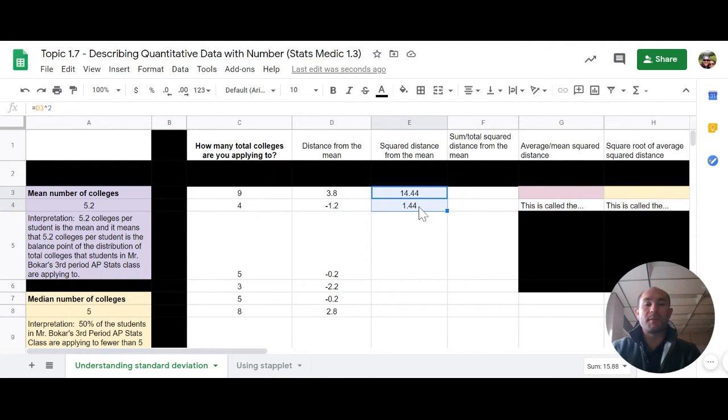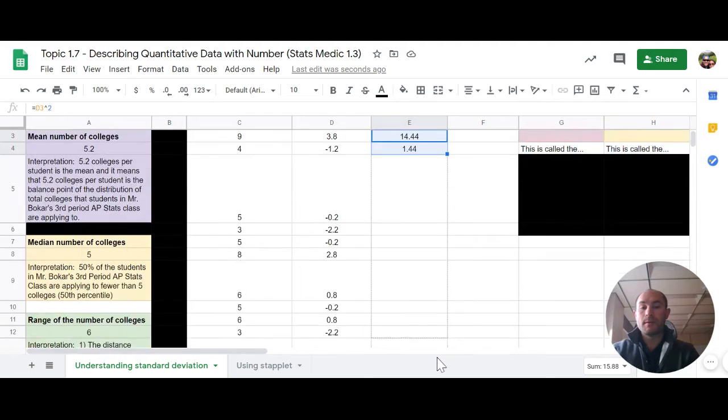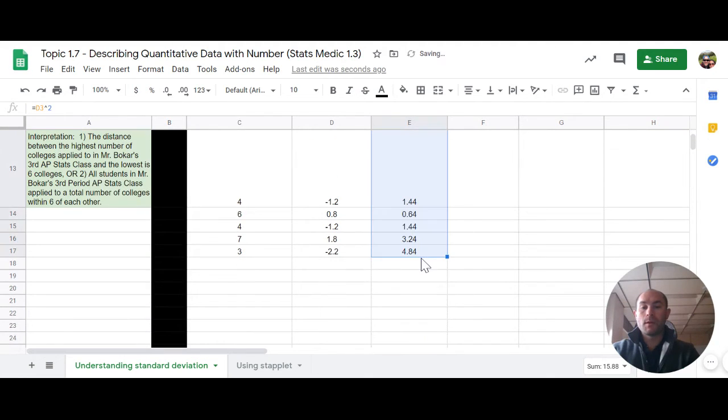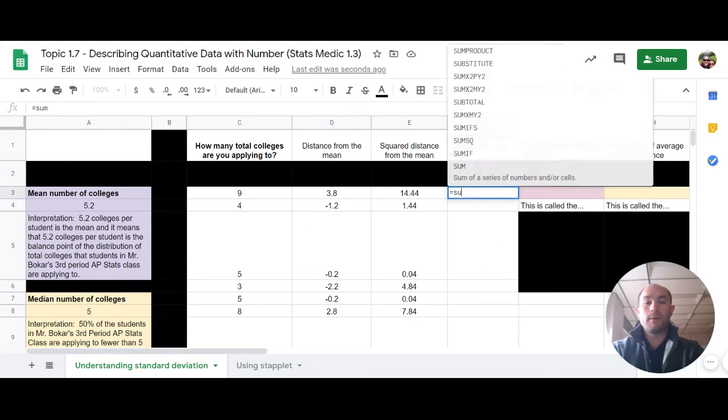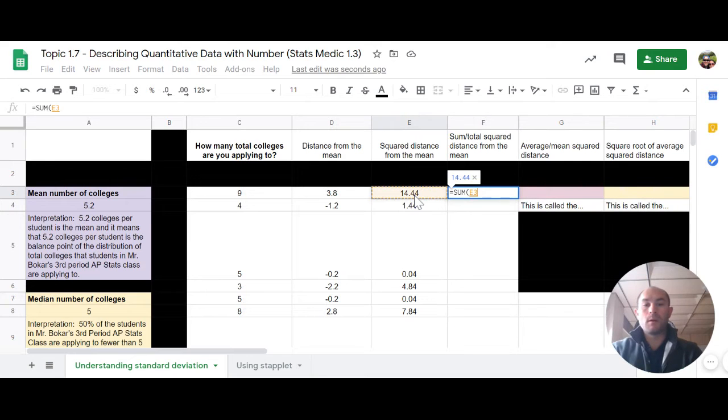They both contribute the same number to our variation, right? That's how far away from average they are. So we do that for each data point. We square their distance to the mean. And then we take the sum, we total them. So we do the sum of this right here.